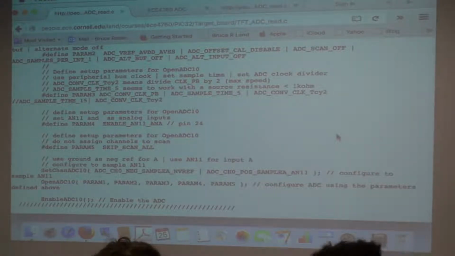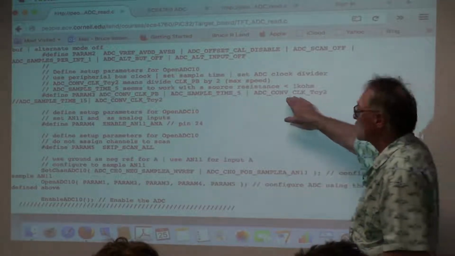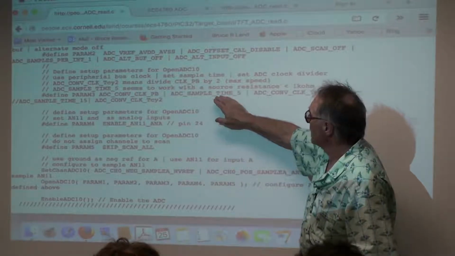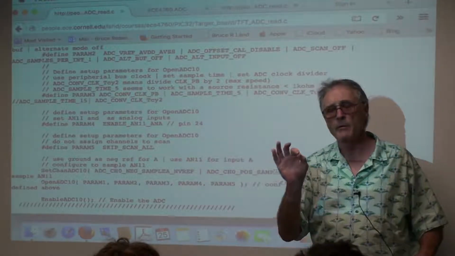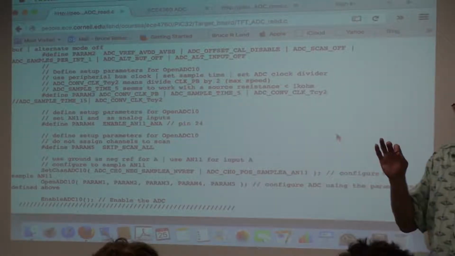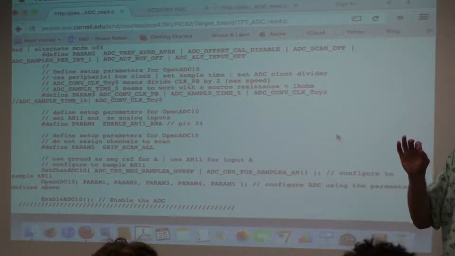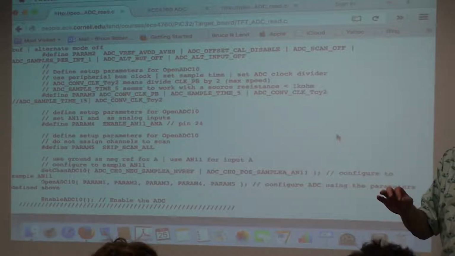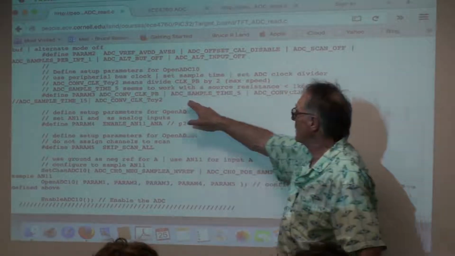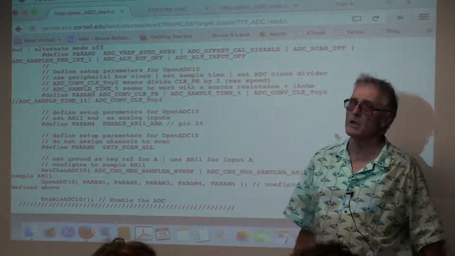And it is setting a conversion clock separately. I set this up for the minimum time that the system could take at 40 megahertz. But decoding how this all works is a horrible mess.